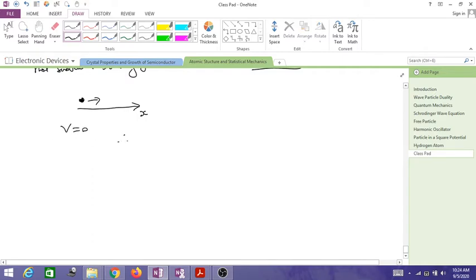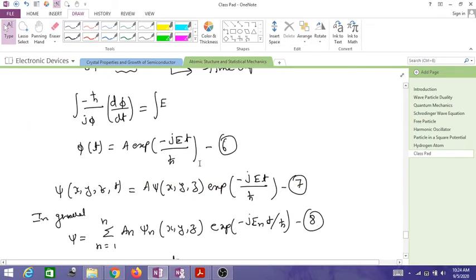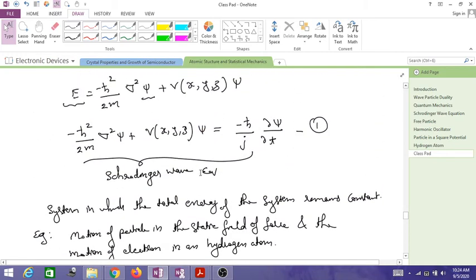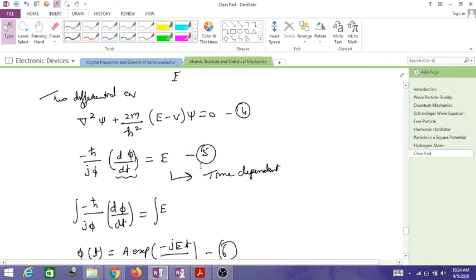Then from the differential equations of the Schrodinger equation that we have done before, we got two differential equations, equation number 4 and equation number 5.